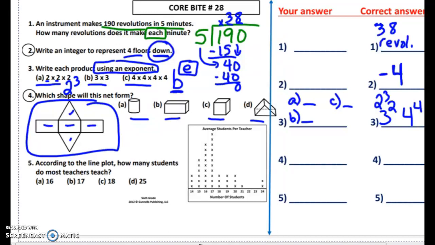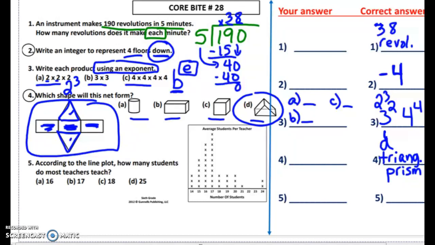For number 4, you should have chosen D. This, and I want you to write this name down, is a triangular prism. The reason I know it's a prism is it has rectangular faces going around, and then it has 2 triangular bases. So if we folded up this net, it would make D.